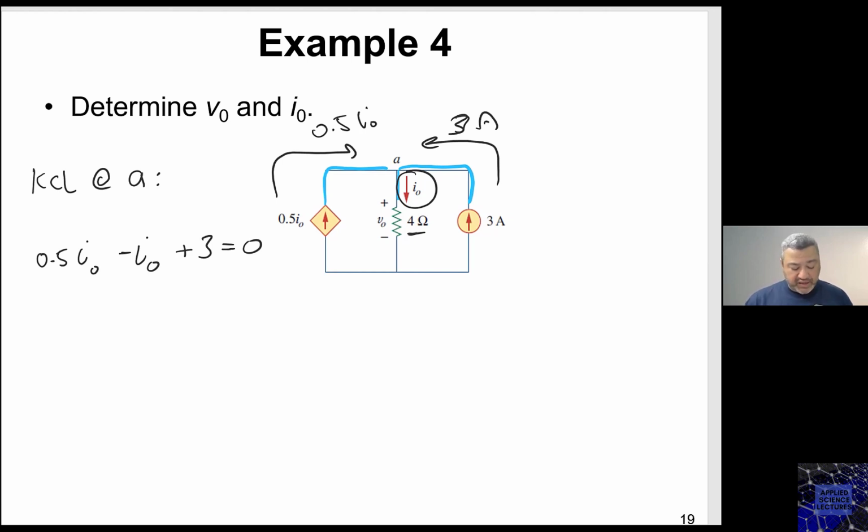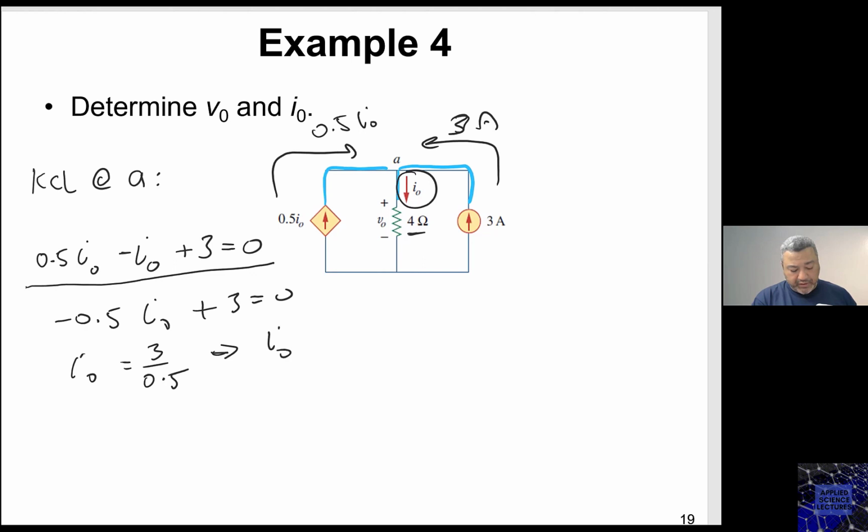This is the KCL equation I could write, and as you can see, I have one equation, one unknown, then I can find I naught. 0.5 I naught minus I naught plus 3 equals 0, or I naught is 3 divided by 0.5, I naught is 6 ampere. So this is I naught.